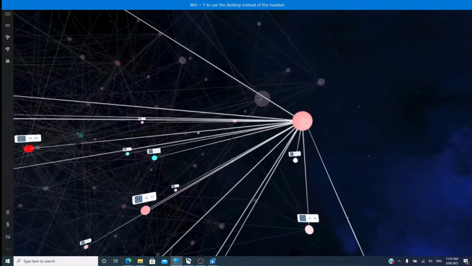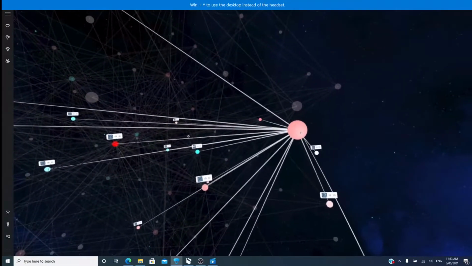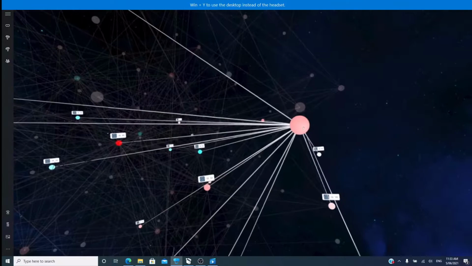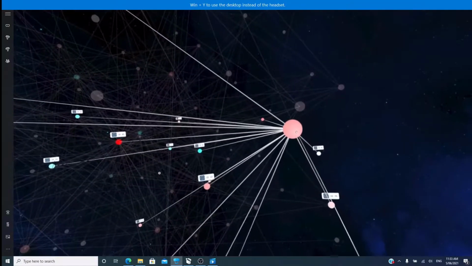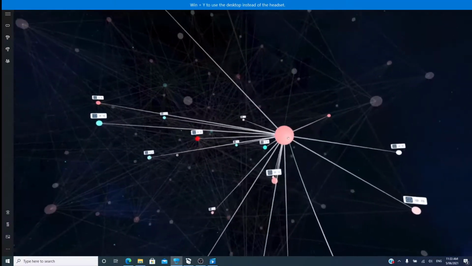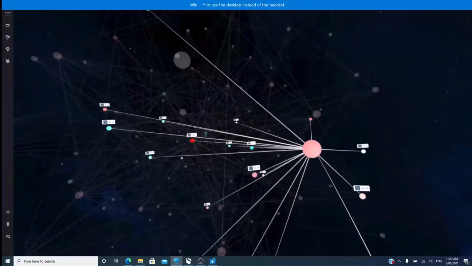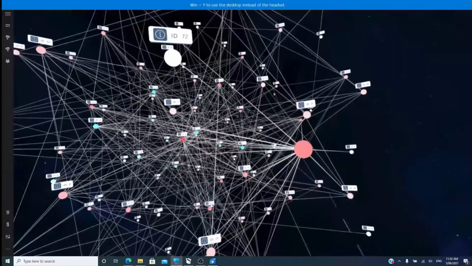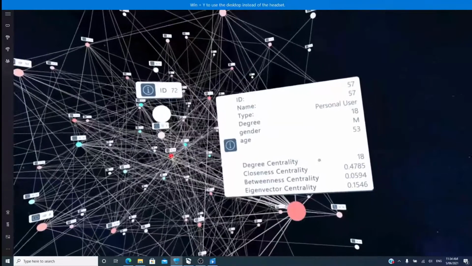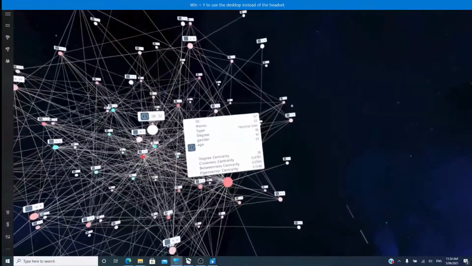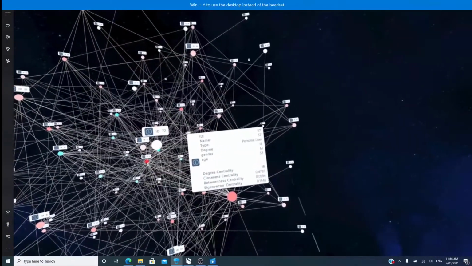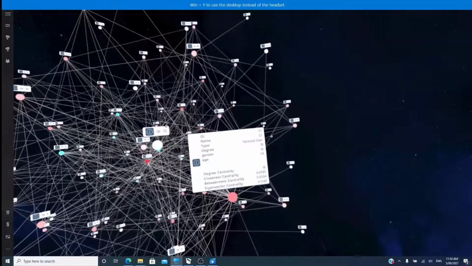So in this case, I may determine node 57 is more important by observing the neighbors in this network. All right, so we have chosen node 57 based on further insight into the network using our 3D tool.